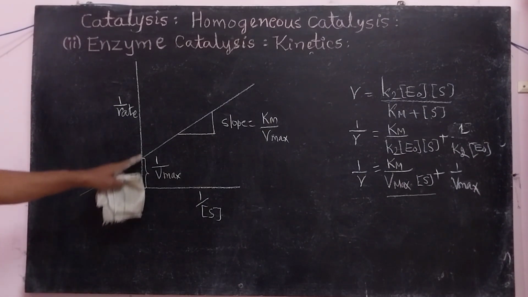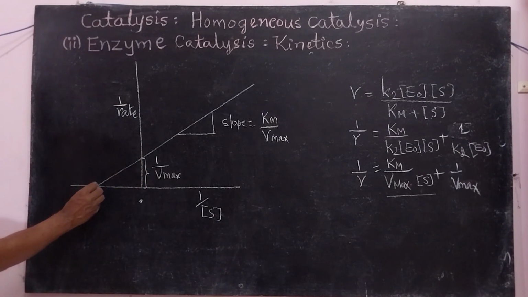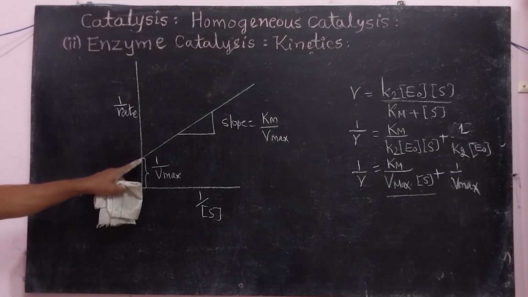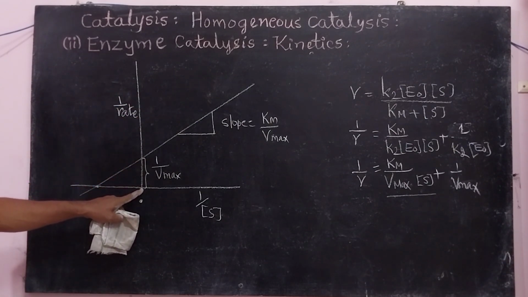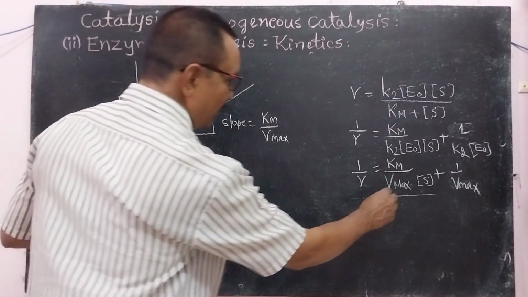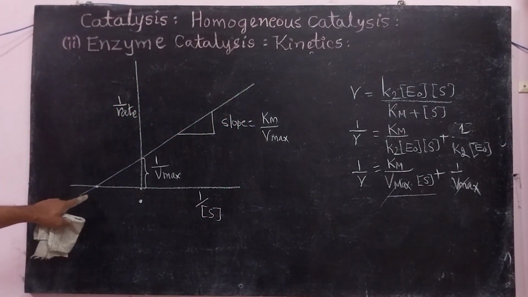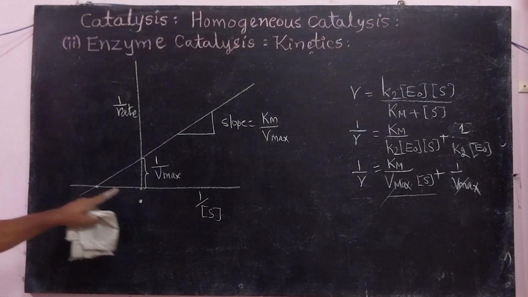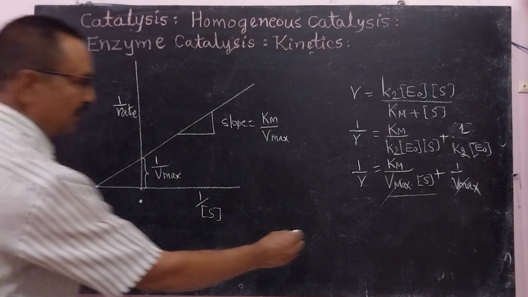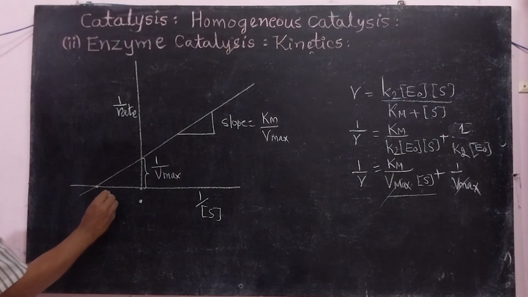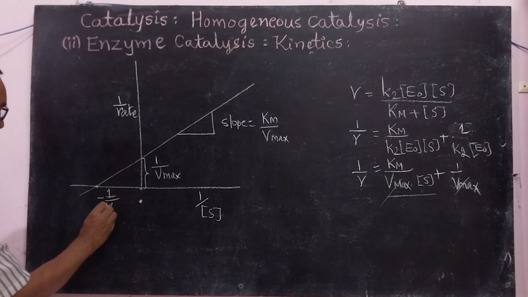Then what about the X intercept? From this point to this point, R goes on decreasing and at this point becomes equal to 0. When it becomes 0, this and this get cancelled, and we are plotting a graph of 1 over S versus this Km. Then we get this equal to minus 1 divided by Km.